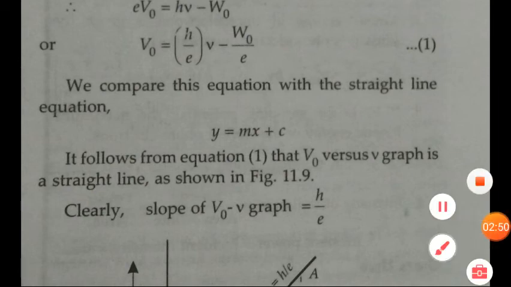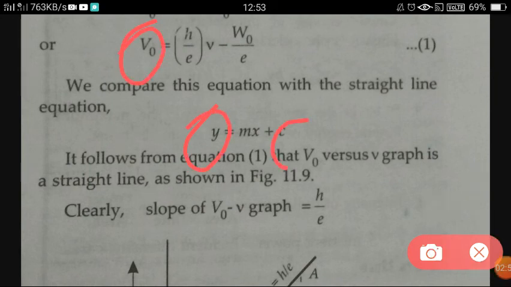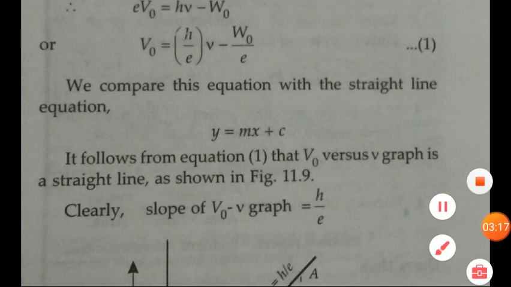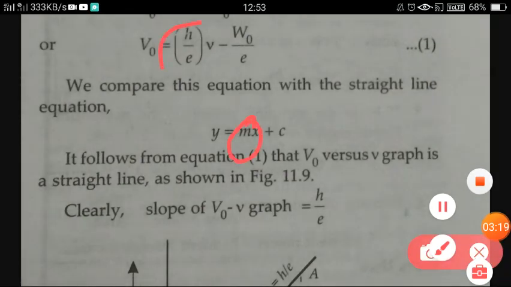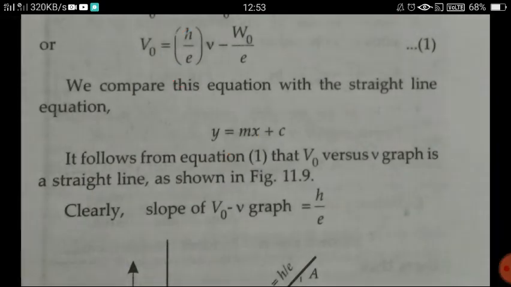In place of y we have V naught, and in place of c we have minus W naught upon e. Here we have two things in multiplication: nu is equal to x, and m is the slope. m here is equal to h upon e, so h upon e is showing the slope.